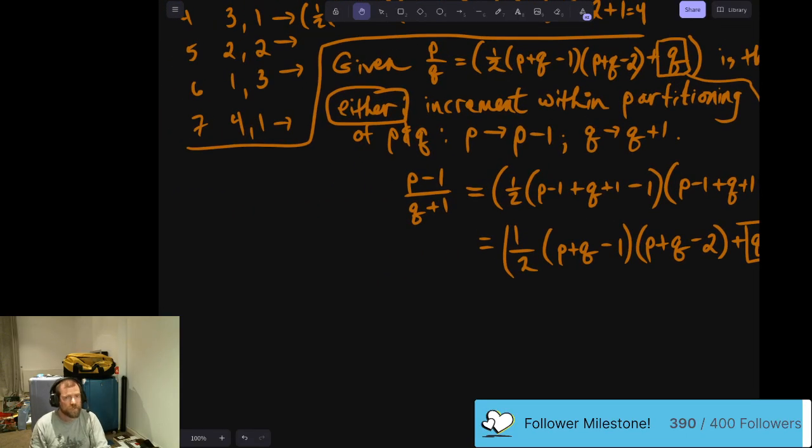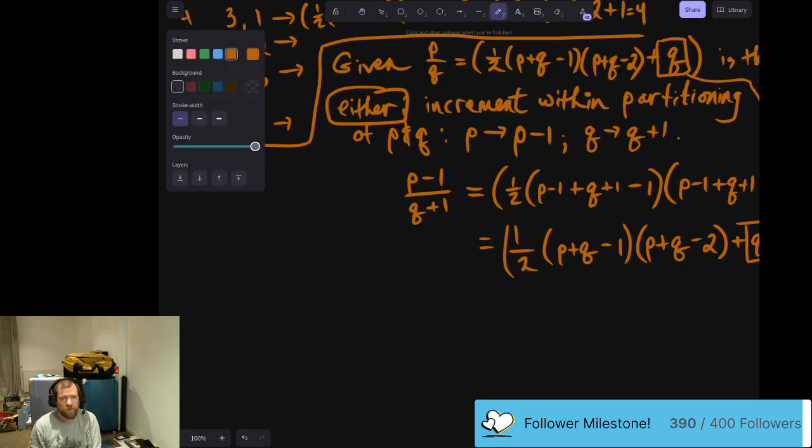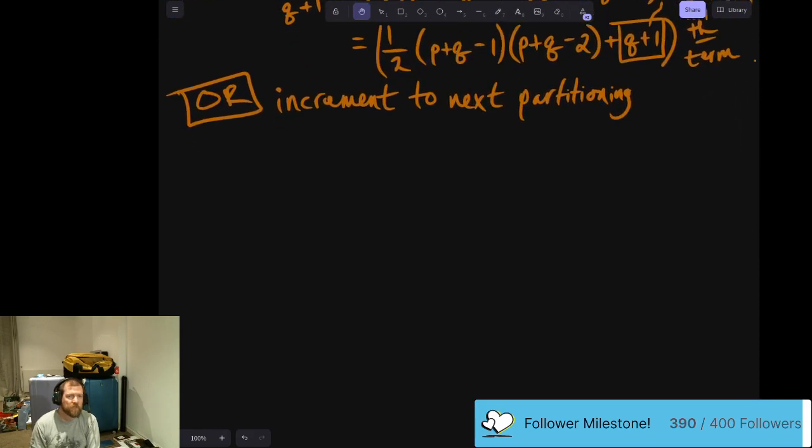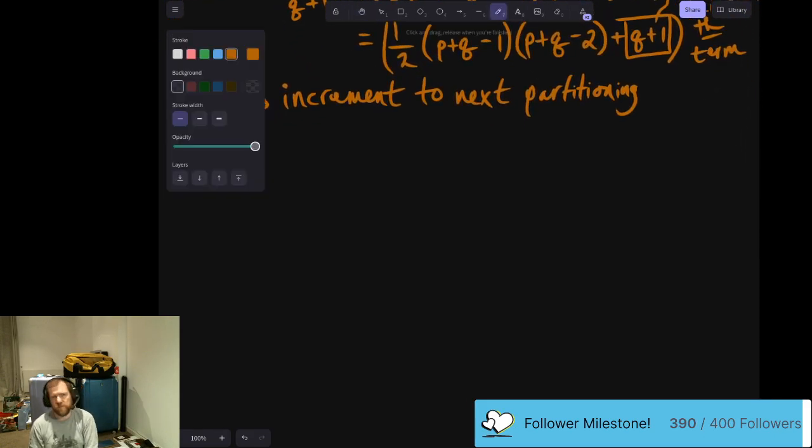Okay, but the other option, we need to increment to the next partitioning. This is going to be significantly harder, but it's not too bad as far as I can think.